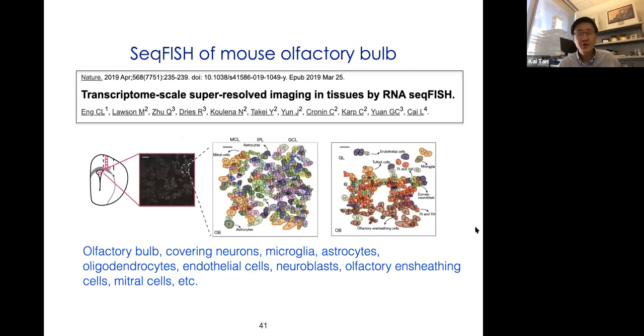Okay, and then we also show that GLUER can be used to integrate single-cell RNA-seq data with seqFISH data, which is a high-throughput single-cell transcriptomics data. In this case, we use the mouse olfactory bulb data, which I mentioned briefly before.